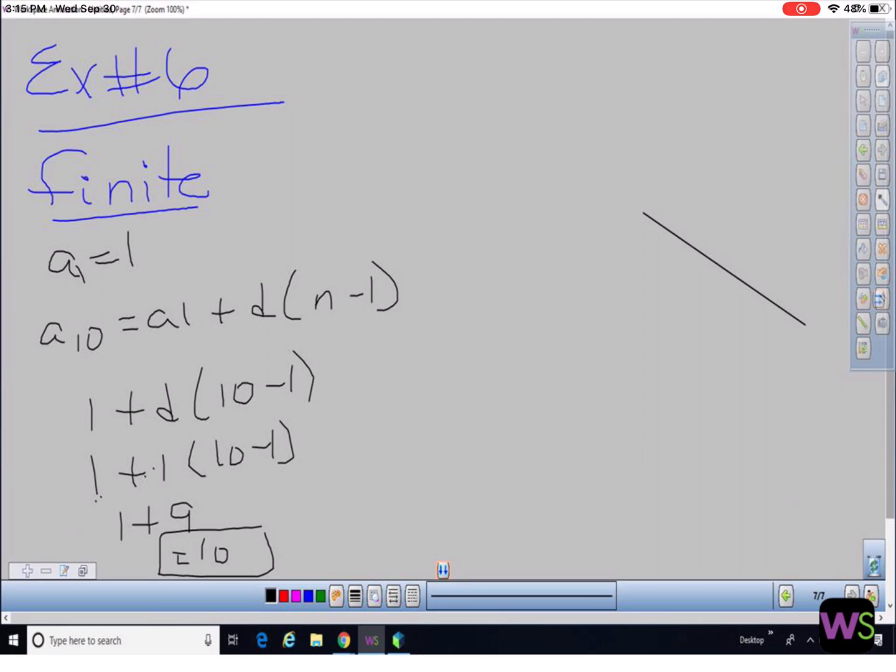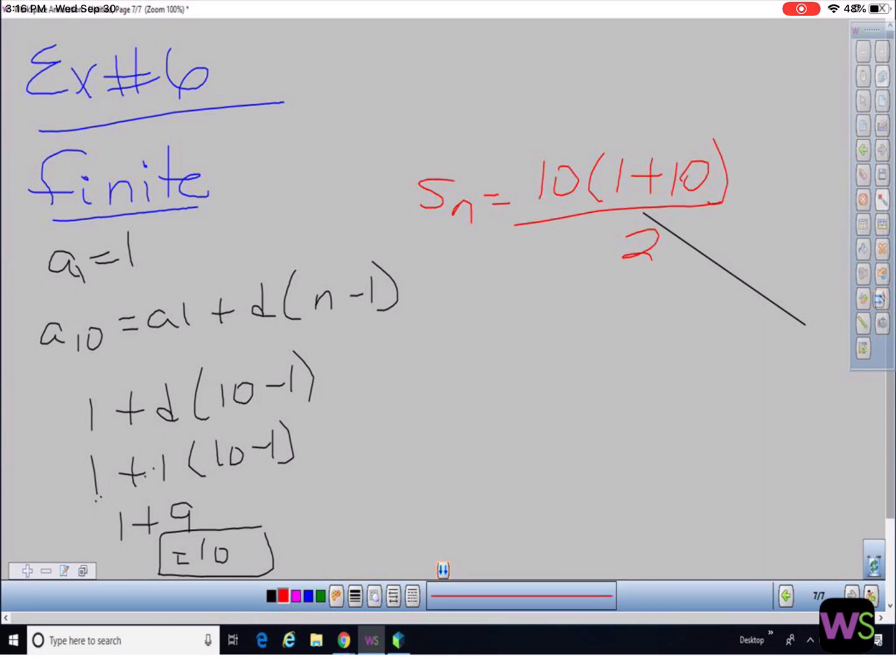So now we take that and we use that step 2 to find out how many total cans. That gives us our A of 1 and our A of 10. So we're plugging it into our formula that says S of n is equal to 10 parenthesis 1 plus 10 all divided by 2.